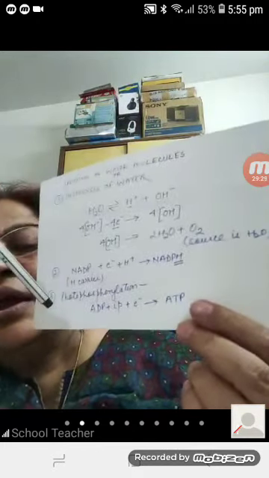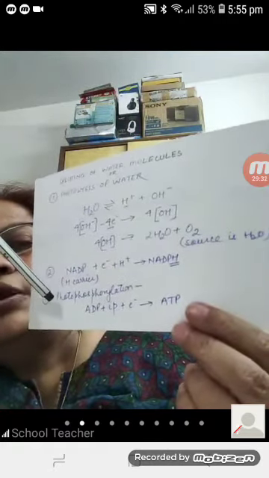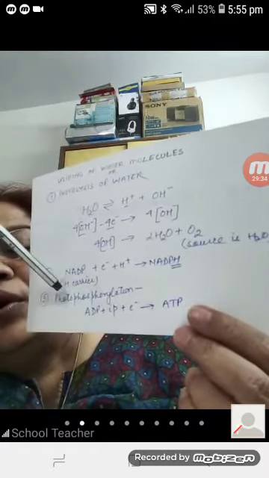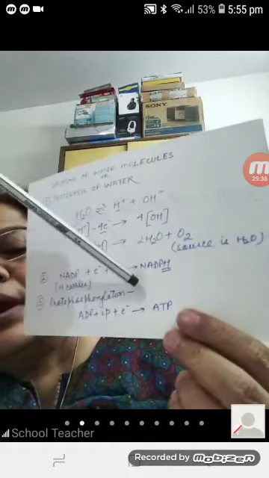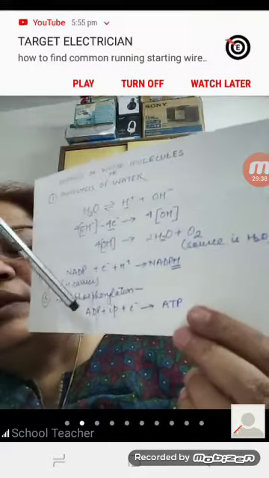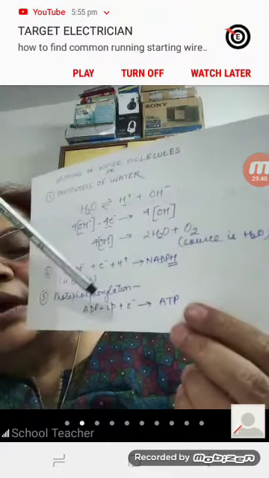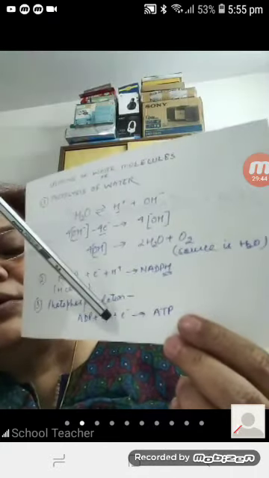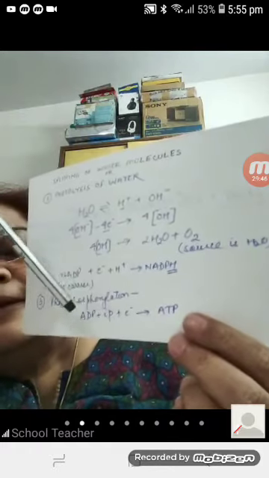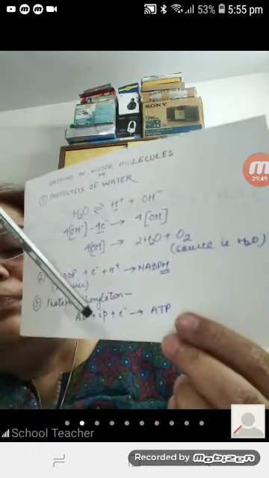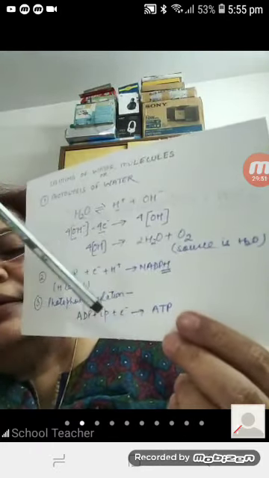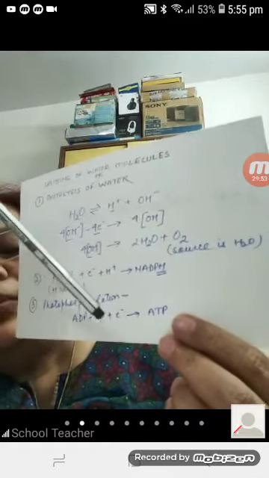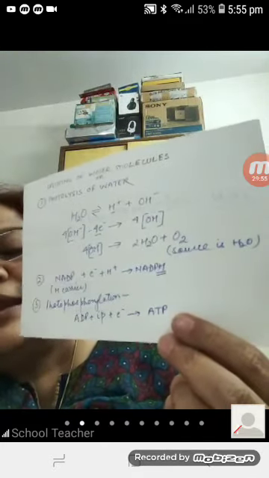Now the third reaction of light reaction is photophosphorylation. Photo stands for light and phosphorylation is addition of a phosphate group. ADP and IP both are present in the protoplasm of all living cells.